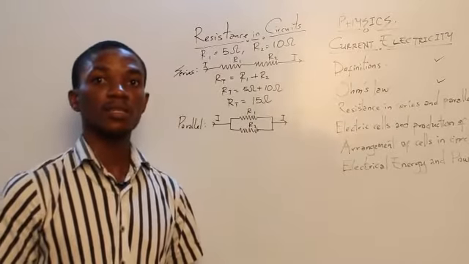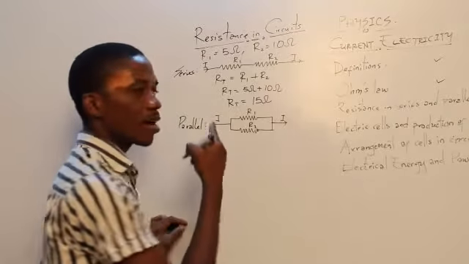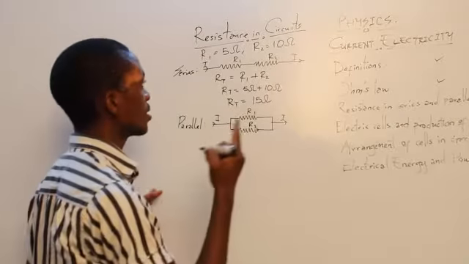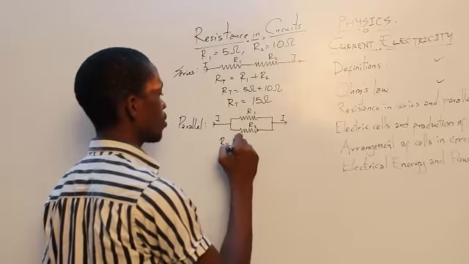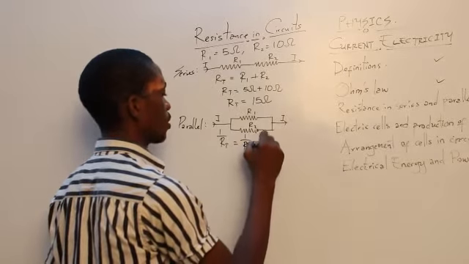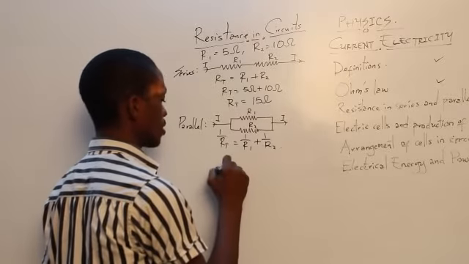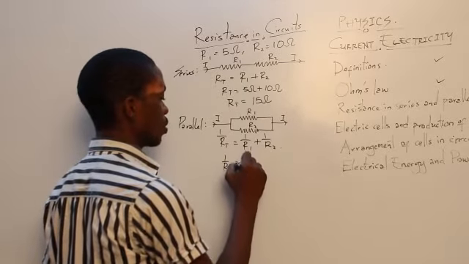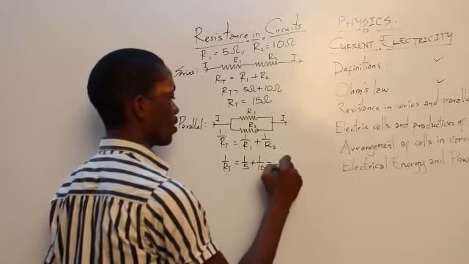using the same parameters, we have our R1 as 5 ohms and our R2 as 10 ohms. Remember, the formula here is different. That's 1 over RT equals 1 over R1 plus 1 over R2. So 1 over RT would be 1 over 5 plus 1 over 10.